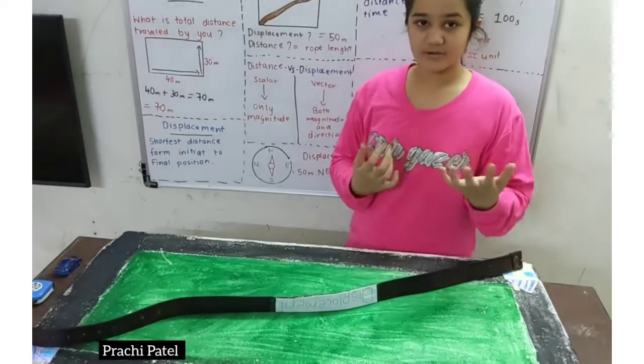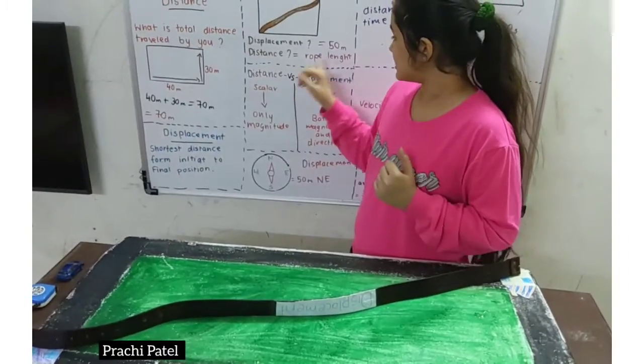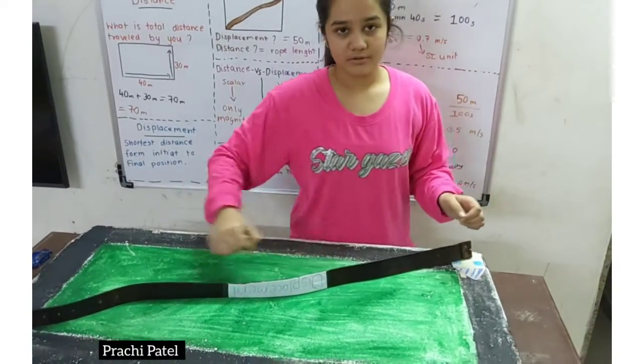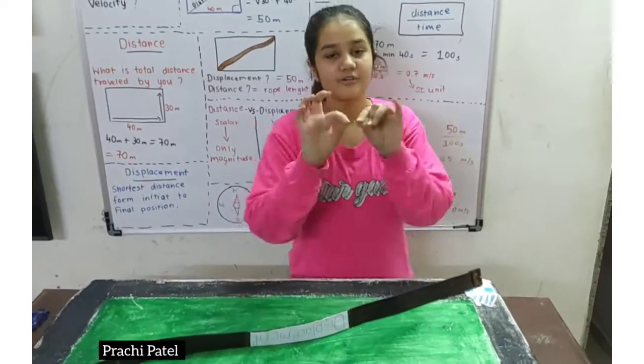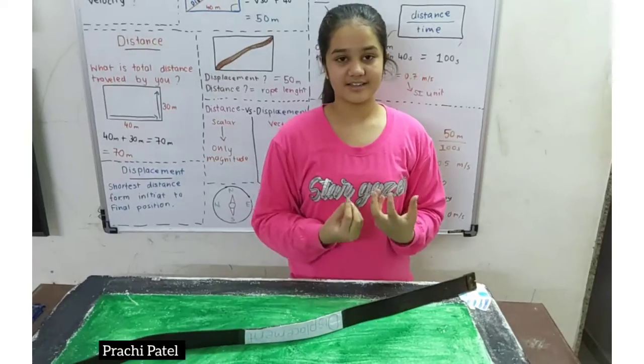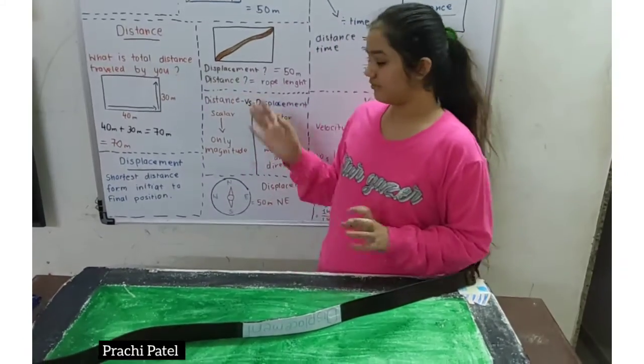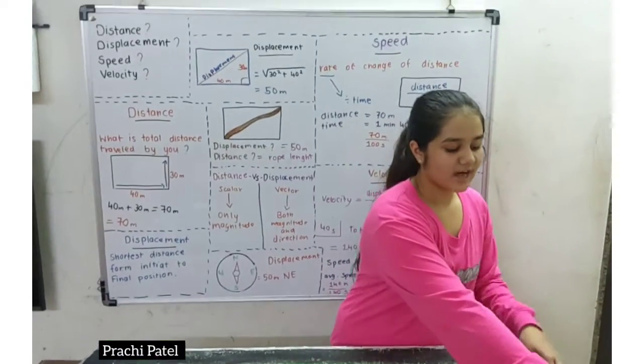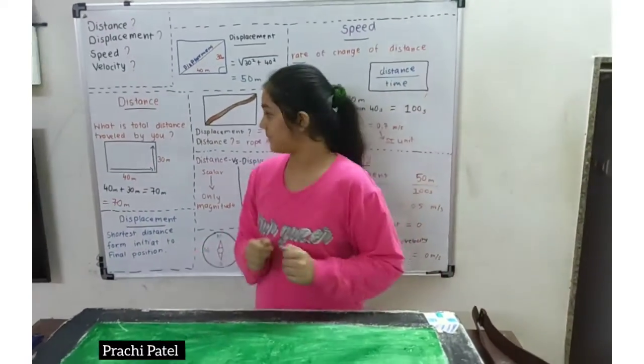But how would I calculate the distance? I can take a rope and put the rope along that road, and after all I have to measure that rope. Then I'll get the distance of the road. This is what we have to use for a curved road.